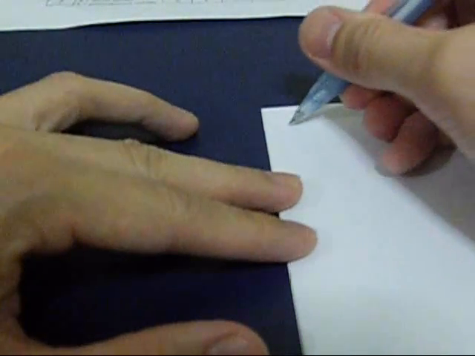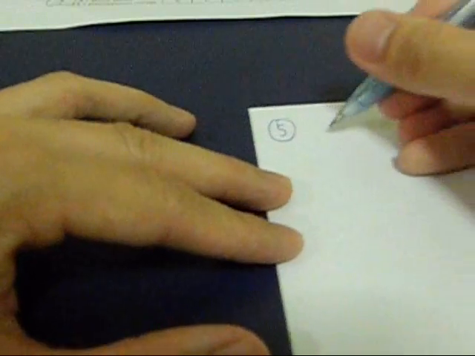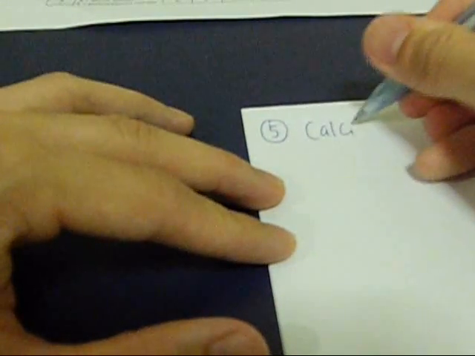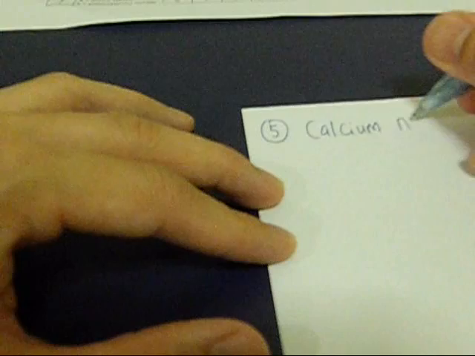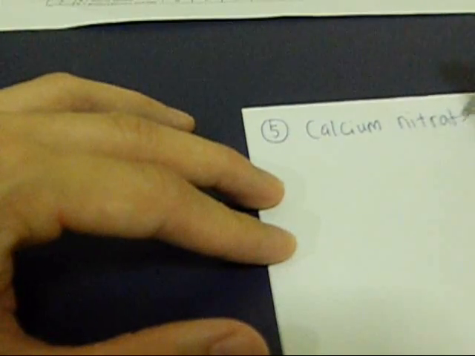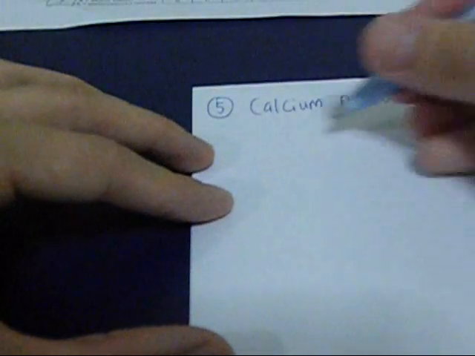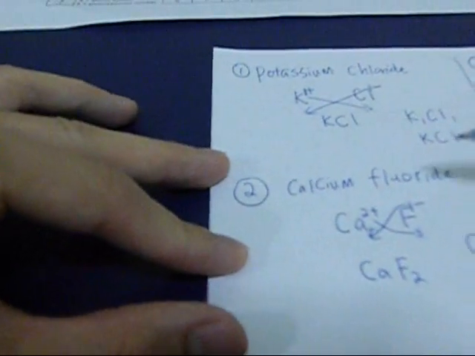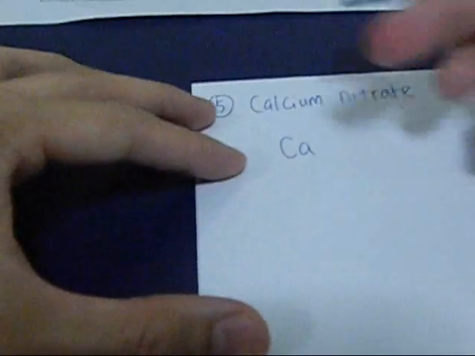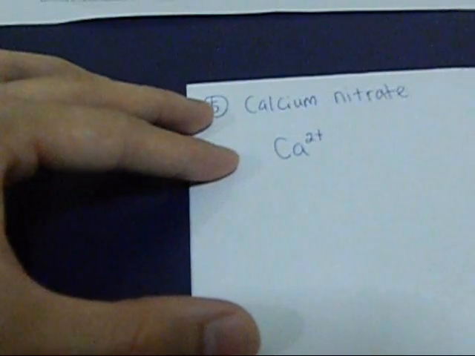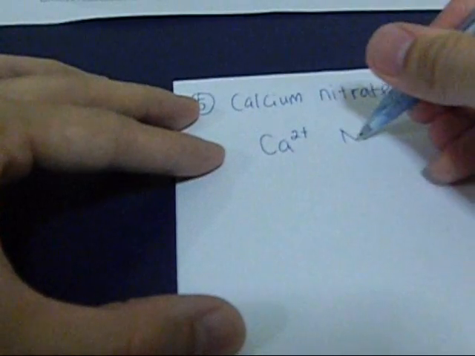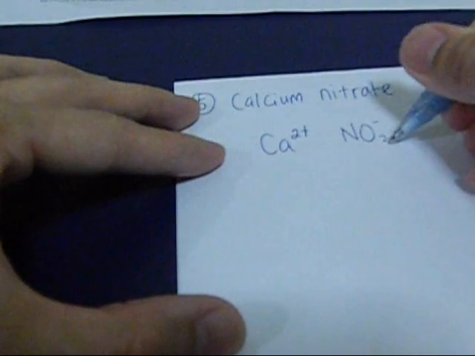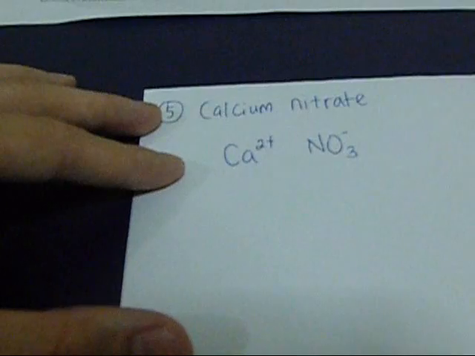Okay, let's look at the 5th example. The 5th example is calcium nitrate. Okay, calcium, from the second example, the ion is 2 plus because it is from group 2, so Ca2 plus. Nitrate, this is one of the 5 polyatomic ions which I asked you to memorize the formula.